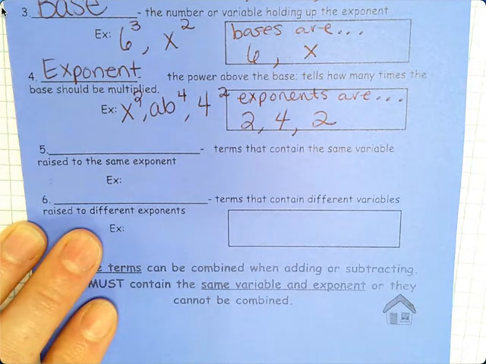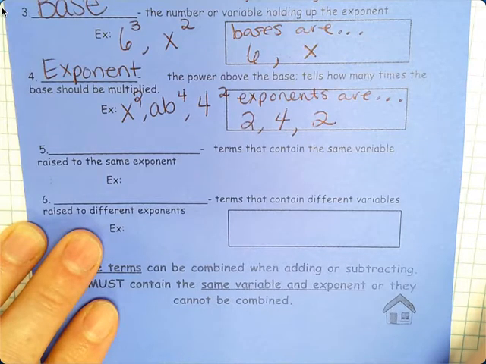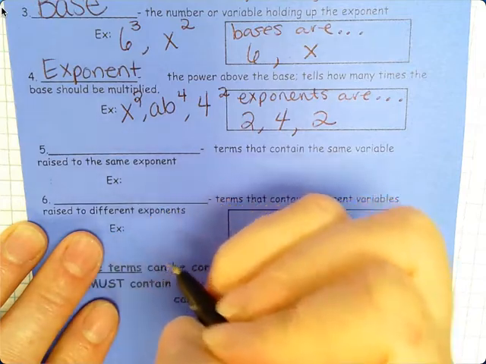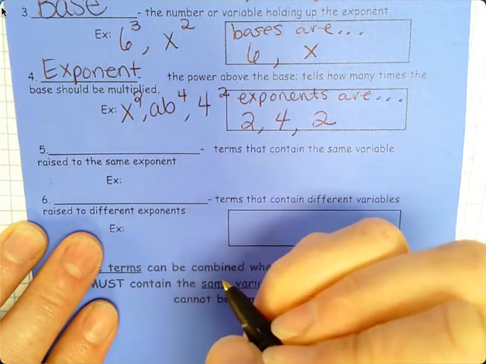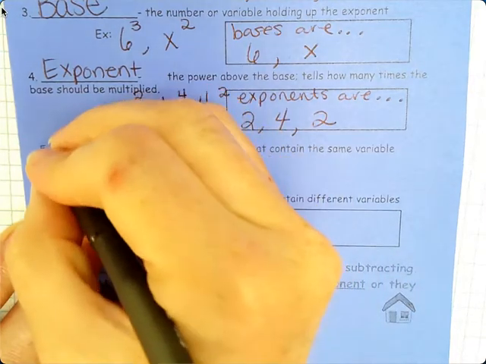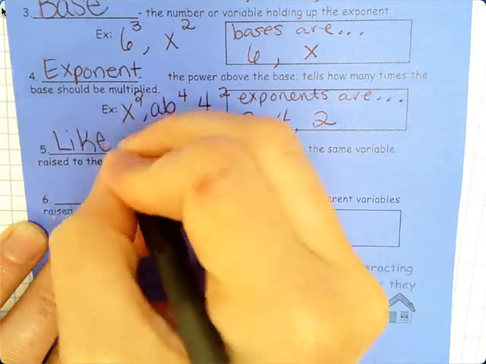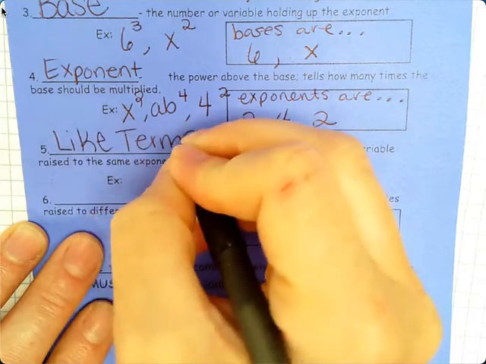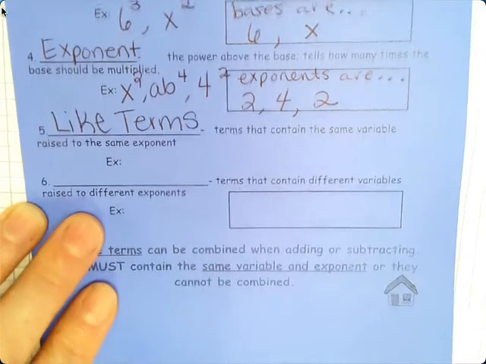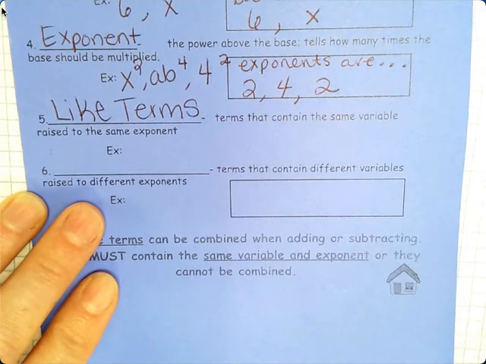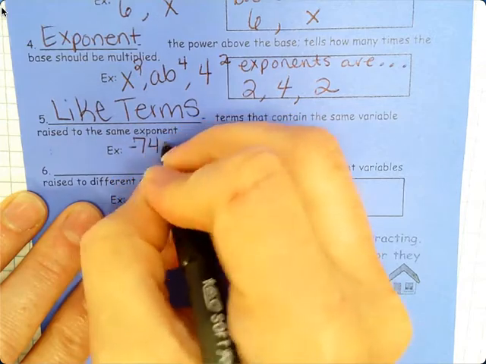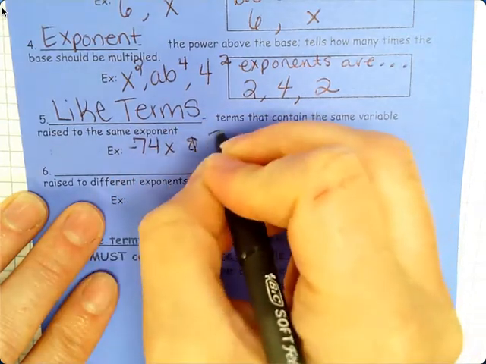Like terms are terms that contain the same variable raised to the same exponent. So examples would be, let's say, negative 74x and 3x.